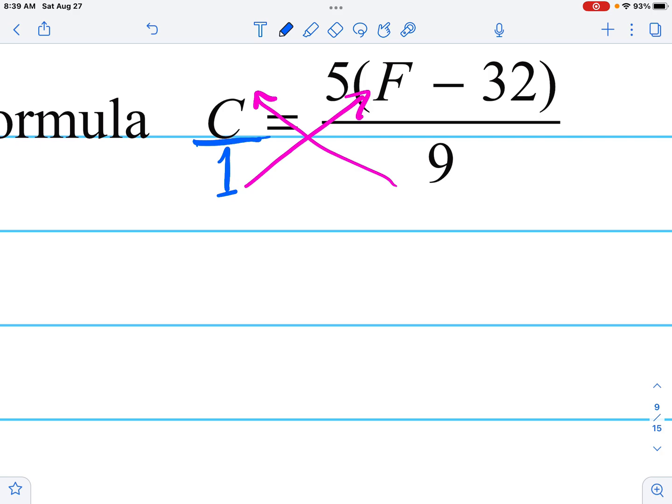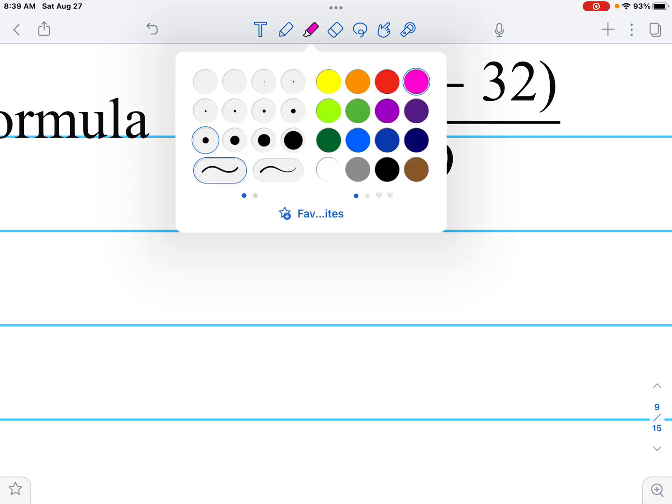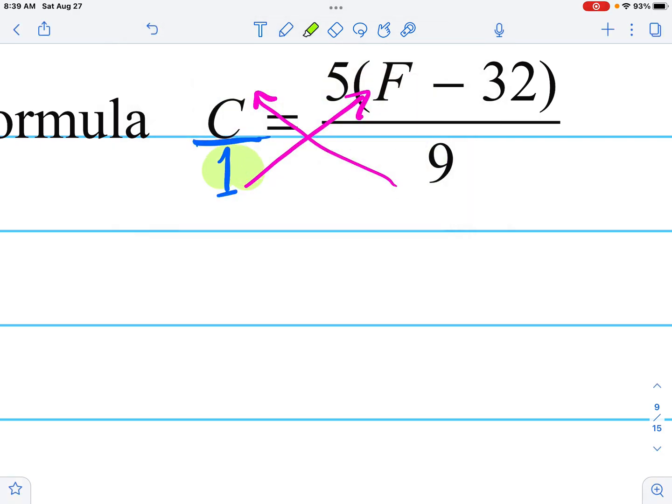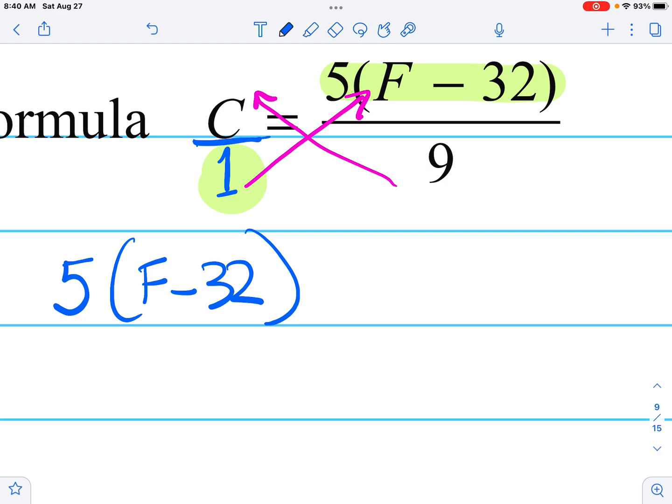I'm going to do this by all of that. So what do I get? 5 of F minus 32. Done. Half is done. Now I'm going to do this times by that: 9C. C times 9 is 9C.